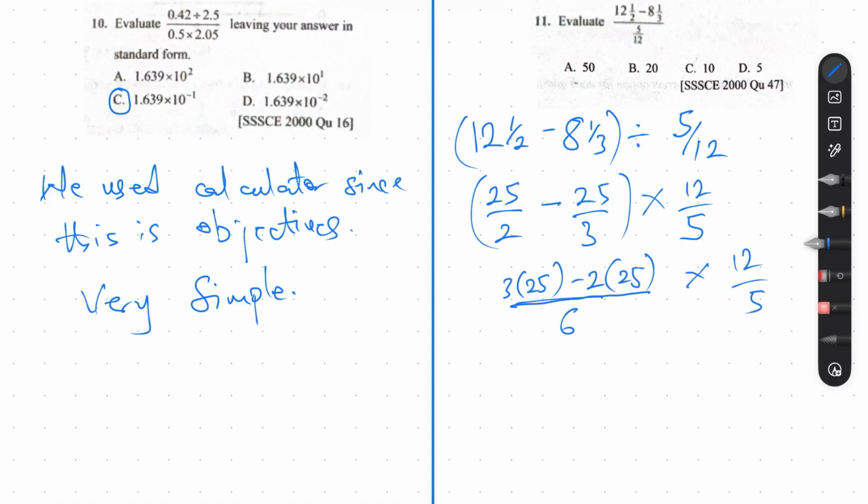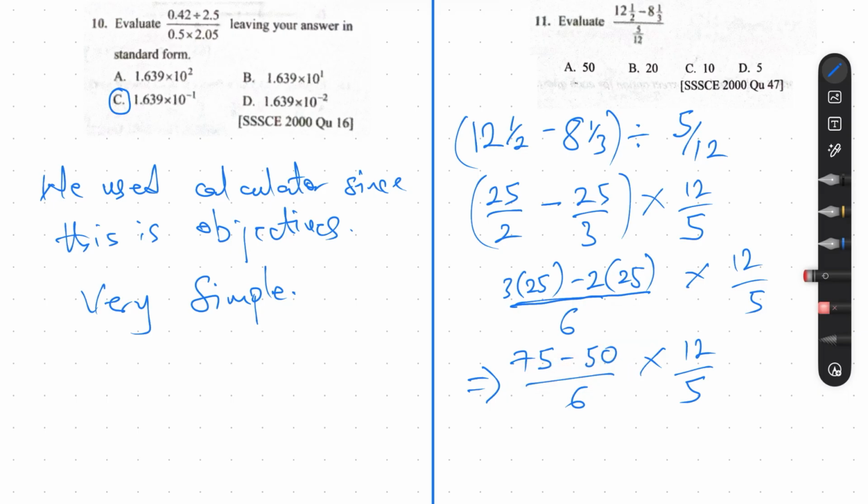Now we multiply this and we multiply this. What do we have? We have 75 minus 50 over 6 times 12 over 5. When we subtract this, what do we get? 75 minus 50, we get 25, right?